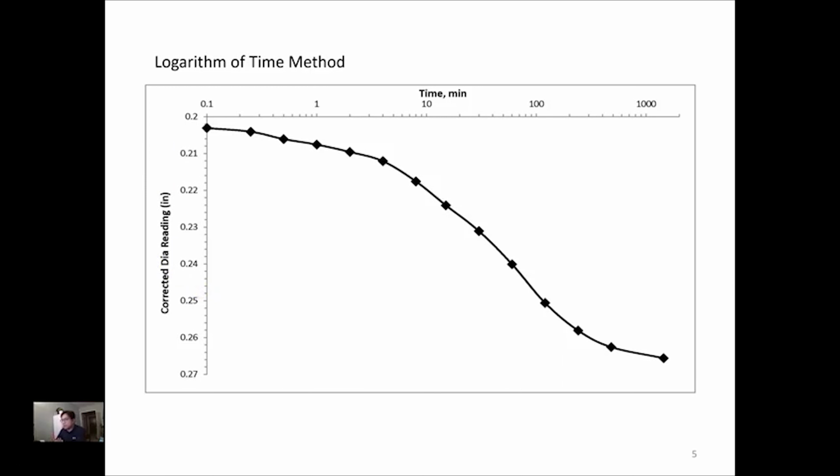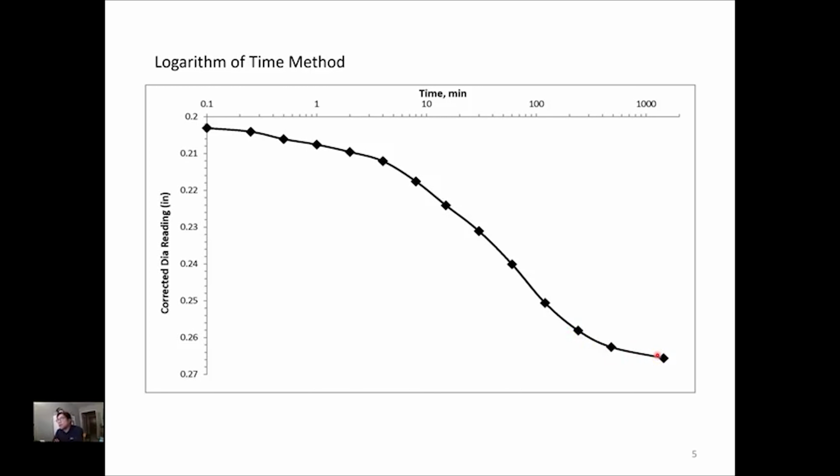From this curve, we roughly see three regions. First, the soil is deforming at a slower rate, and then it accelerates, so you see the slope getting larger, and then it slows again. So again, there are three regions right there.